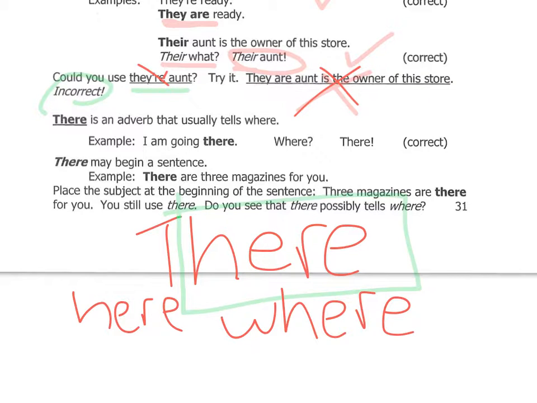That is location. There, T-H-E-R-E, is an adverb that usually tells where. I'm going there. Where? There. There may begin a sentence. There are 3 magazines for you. Place the subject at the beginning of the sentence: 3 magazines are there for you. You still use there. Do you see that there possibly tells where?